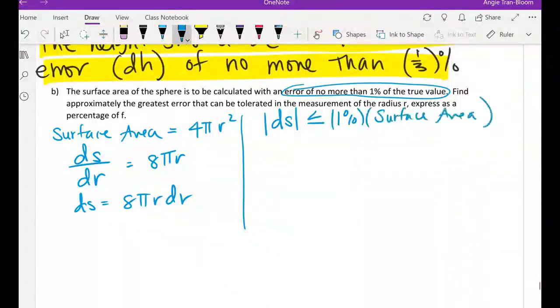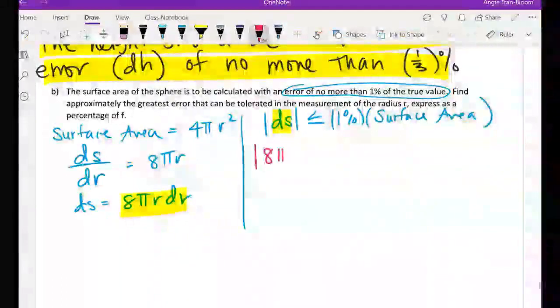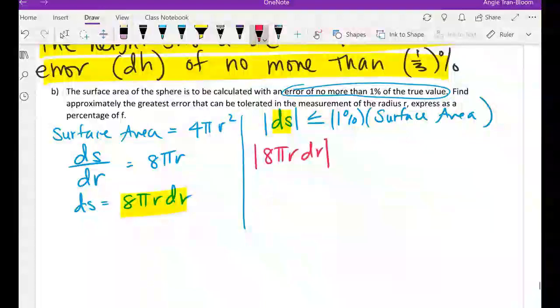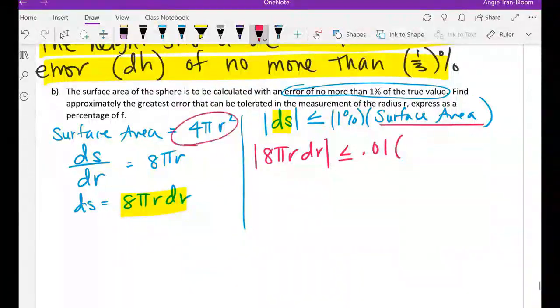That's what it means, right? So let's figure it out. ds is this guy. Let's plug it in. Absolute value, 8 pi r dr, less than or equal to 0.01 times the surface area, it's right there. Let's plug that in, 4 pi r squared.